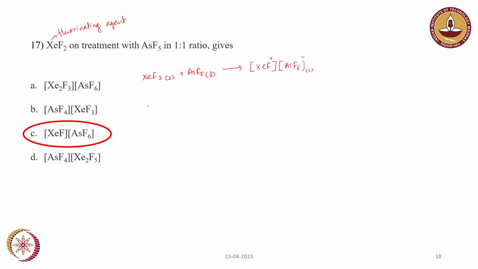So other reactions of XeF2 are reacting with Me3As will give Me3AsF2 plus Xe.